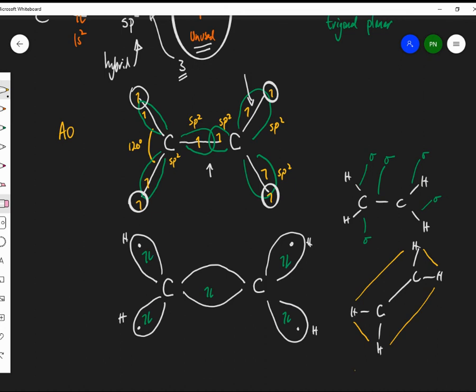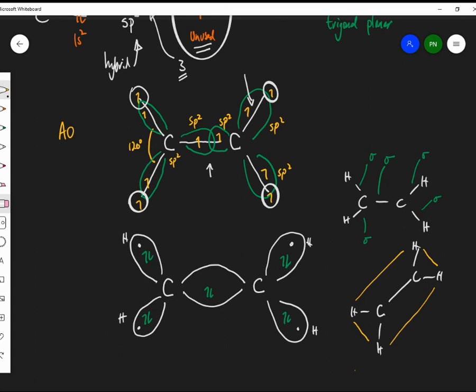Can you kind of get that impression from that silly little rectangle I've drawn, the one in yellow? I'm trying to get you to appreciate that that's in the same plane. Are we good with that? It's in the same plane because it's sp2 hybridized and it's trigonal planar. So everything's in the same plane.